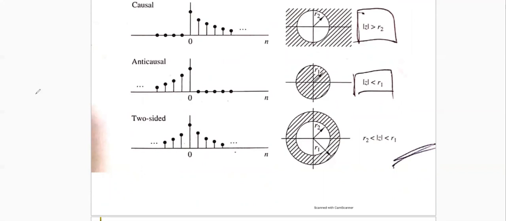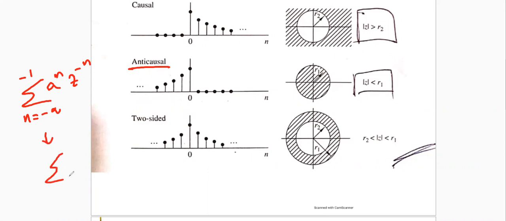What was the notion of that? Since for the anti-causal, it starts from n is equals to -infinity to -1, a to the power n and z to the power -n, and we can write it, if we flip it, that n is equals to -n. That will flip the things.